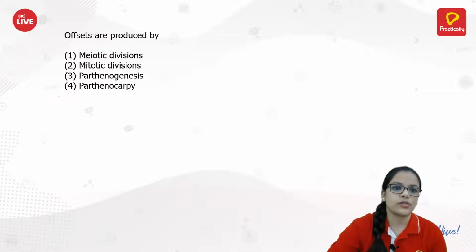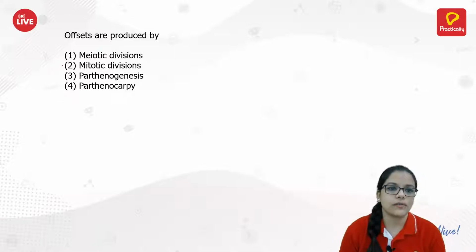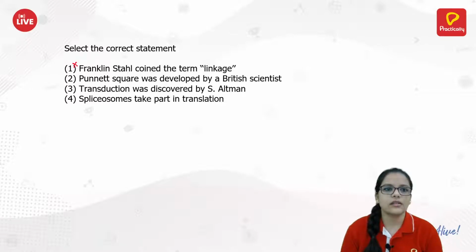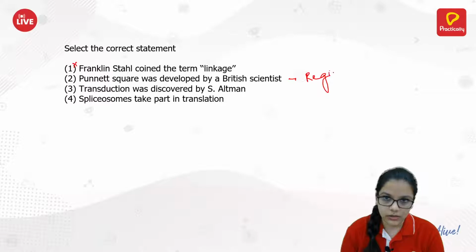Next. Offsets are produced by meiotic divisions, mitotic divisions. Actually, offsets are produced by mitotic divisions. Select the correct one. Franklin Stahl coined the term linkage. No. Meselson and Stahl was the semi-conservative DNA. Punnett square was developed by a British scientist. Yes. His name was Reginald C. Punnett.